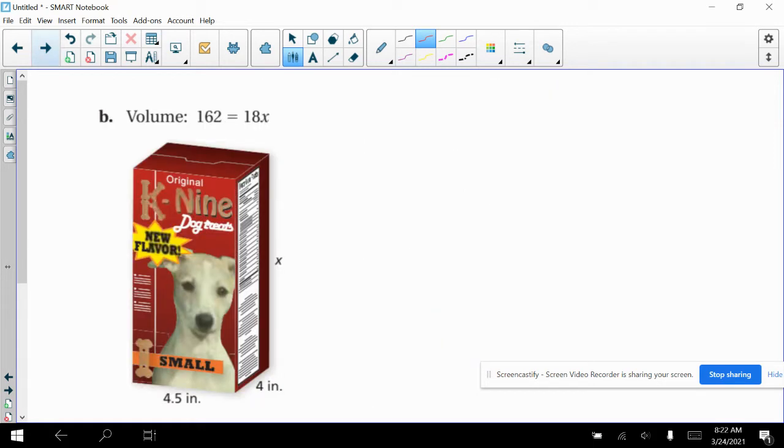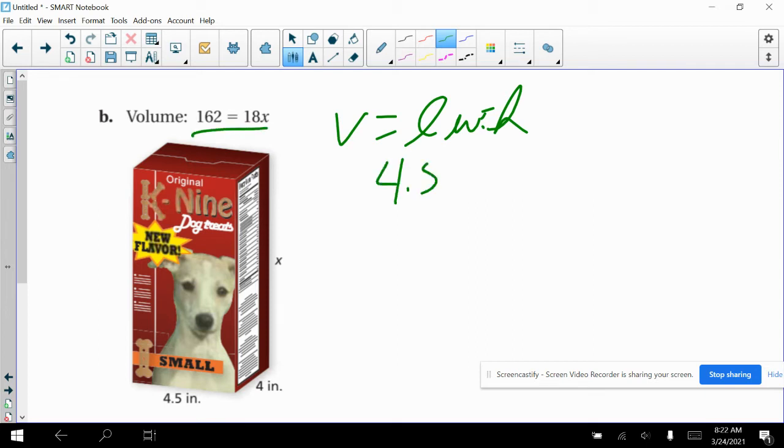Next one, dog treats. Again, don't worry, they're going to get harder here in a minute. They already gave you the formula, which is fine, but I want to plug these in just so that you see where they're coming from. And they already worked out the volume for you, the total, and you get 18x.